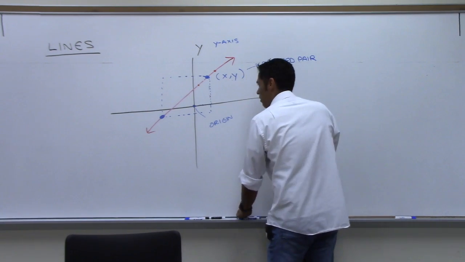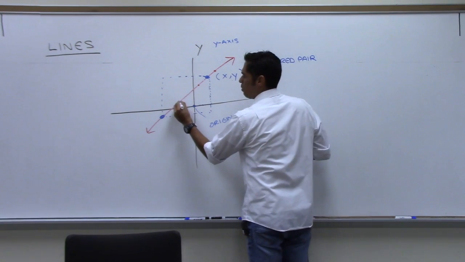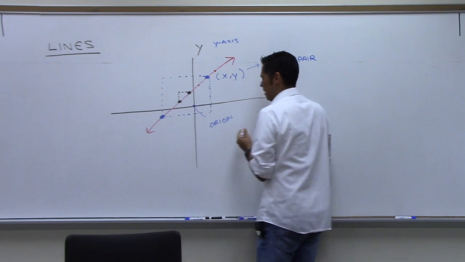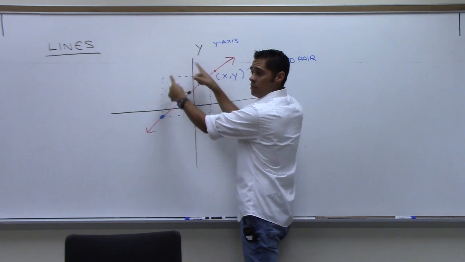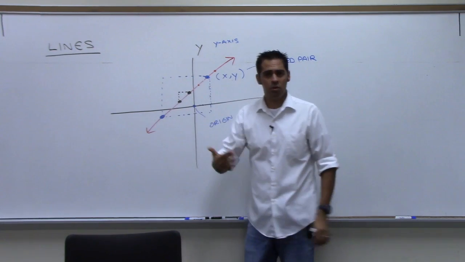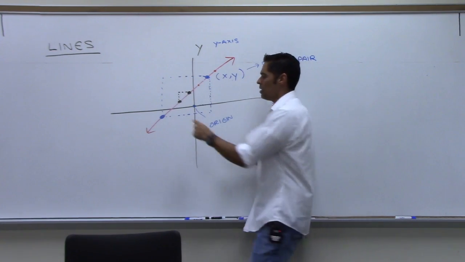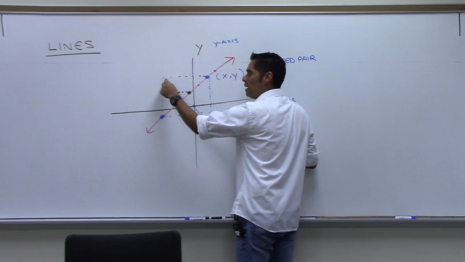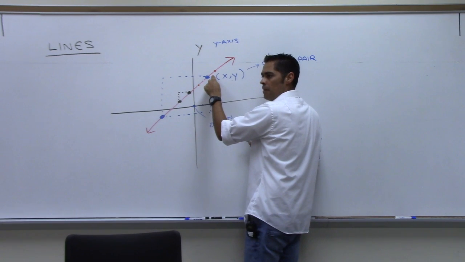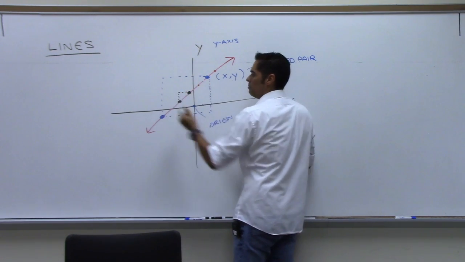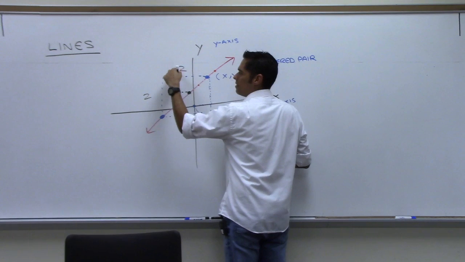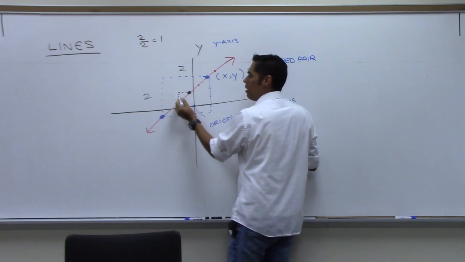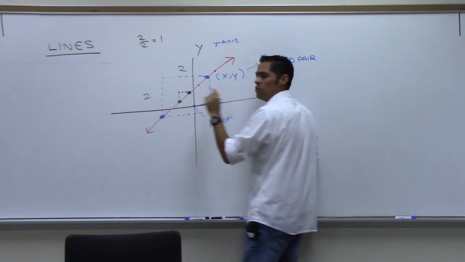So if I want to go from, let's say, this point to this point, how much I go up by and over by is not the same amount, okay? But it's proportional to it. So if to go from here to here, I went, let's say, up 2 and over 2, then if I take that ratio, 2 over 2 would be 1, then whatever I go up by and over here, if you divide, you should also get 1.